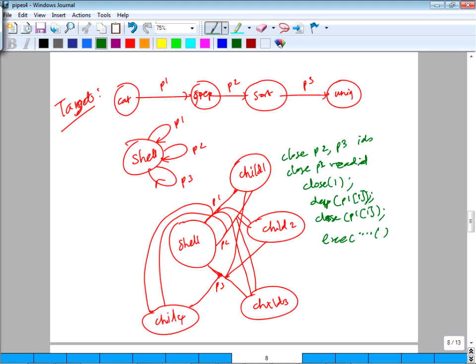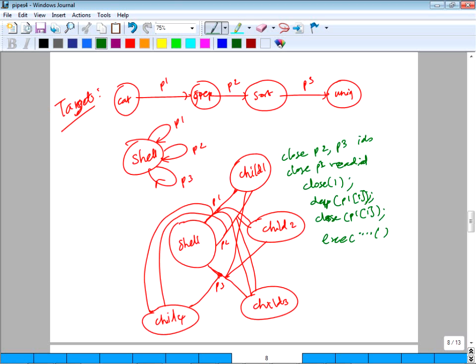Child 2 will be a little bit more complicated, right? It has to handle P1 and P2, okay? So in child 2, you close everything related to P3 and close the P1 write ID and P2 read ID, and then you do the dupe for close 0, dupe P1 write ID, like that.